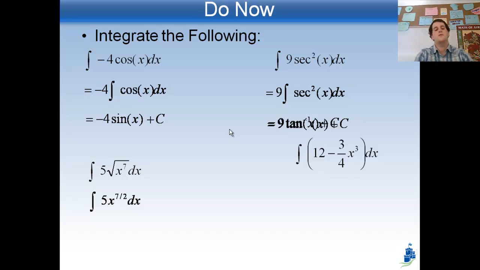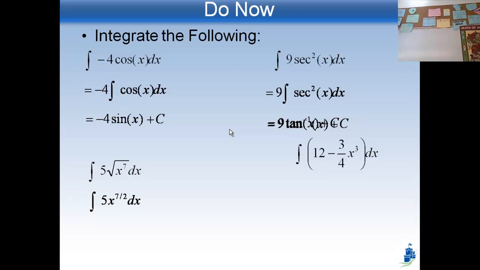Okay, so which one of you elite scholars can finish this up for me on their own? Somebody from not the front row. Livy. So you add 1 to 7 over 2. Which is what? Everybody. 9 halves. So how many halves are in 1? 2. How many halves do you have right now? 7.